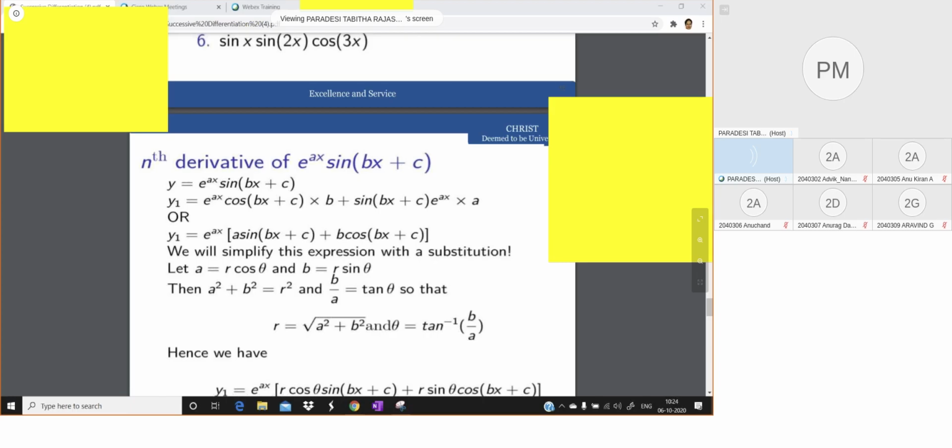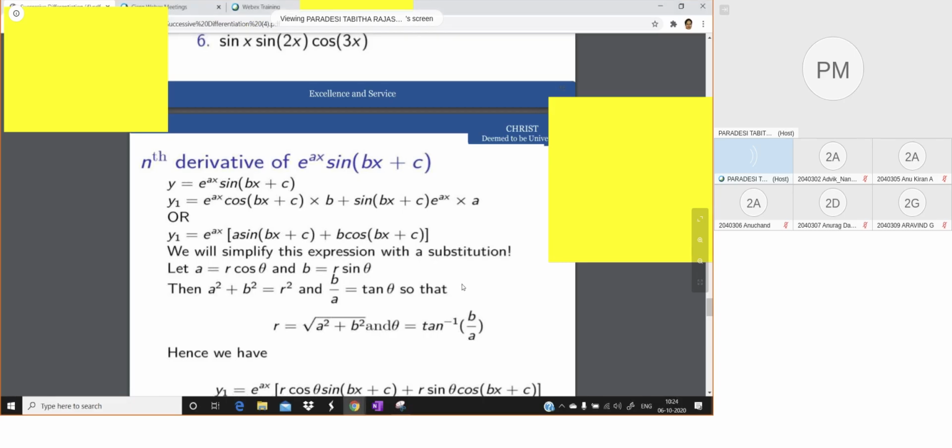Actually, here it is written e power ax into sine bx plus c, and below it was written sine of ax plus b. So that must be wrong.